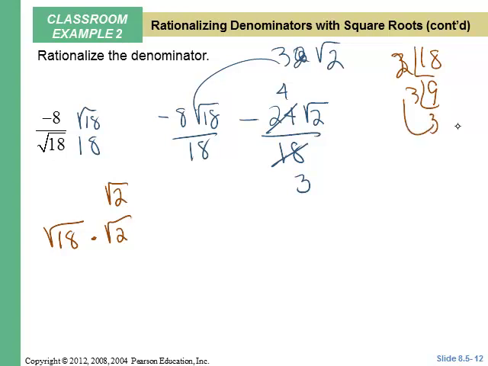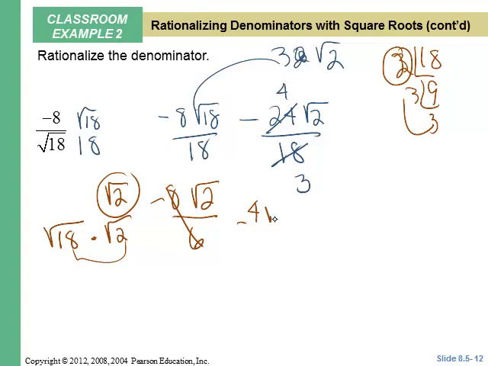These two already cancel each other, so if we had one more 2, we would be able to cancel it. What is the square root of 36? It's 6. Okay, so we have negative 8 root of 2, there's a root of 2 on top, over 6. These two cancel to give you negative 4 root of 2 over 3.